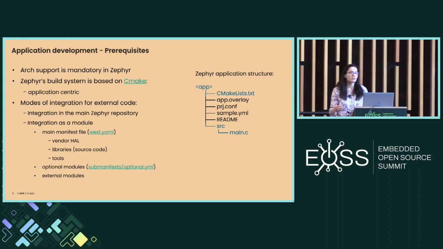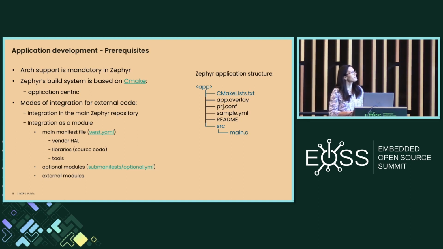The application build initiates the building of Zephyr code, and it compiles them into one single binary file. The files in the application directory link Zephyr and any modules with the application itself.